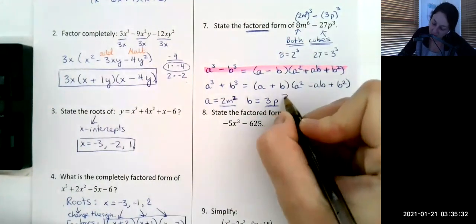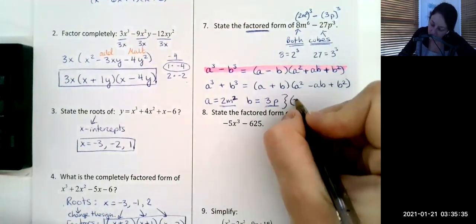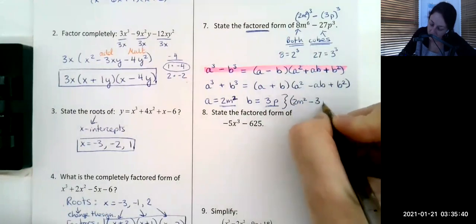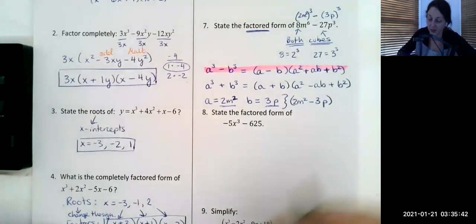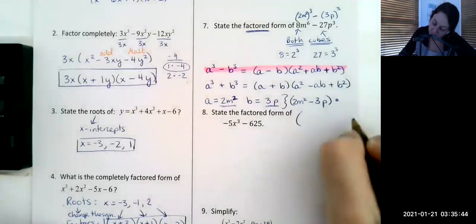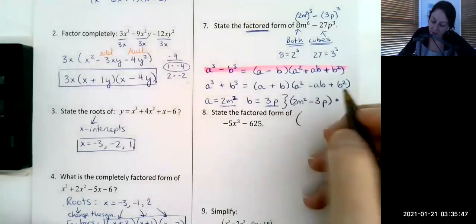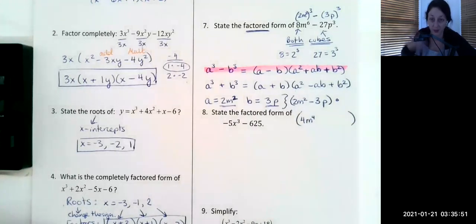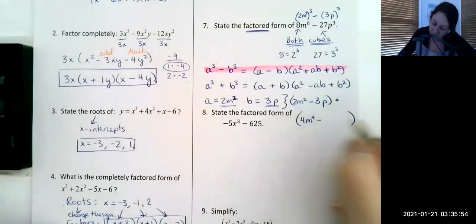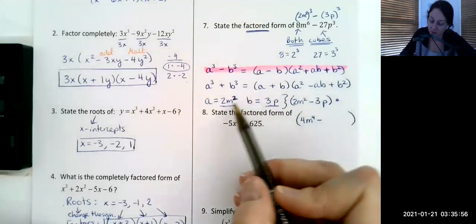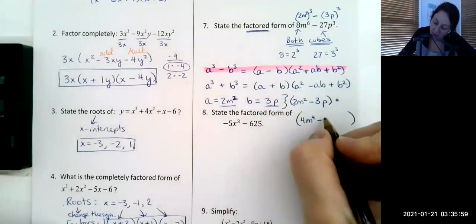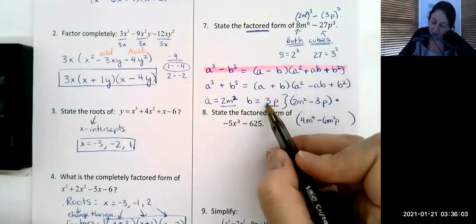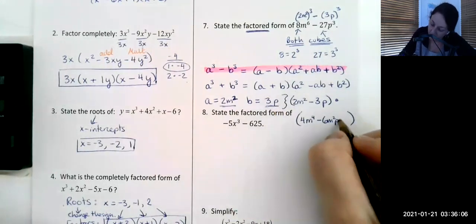So your final answer here should be 2m squared minus 3p for your first parenthesis, times a squared, so 4m to the 4th, because you take 2m squared and square it, minus, now we multiply them together, 2m squared times 3p, 6m squared p, and then b squared, 9p squared.